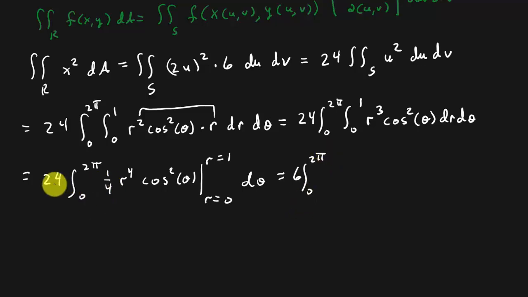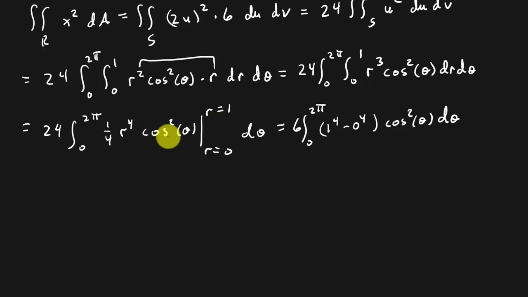So I took the 1/4 and brought it out, and that's where the 6 comes from. And then we've got 1 to the 4th minus 0 to the 4th, times cosine squared theta d theta. So we're plugging the 1 in for r and the 0 in for r. That's where this comes from. And then cosine squared theta is a constant, so this is going to give me 6 times the integral 0 to 2 pi of cosine squared theta d theta.